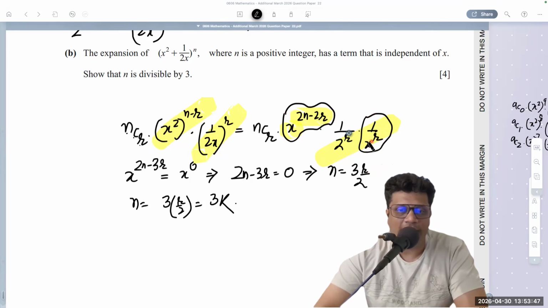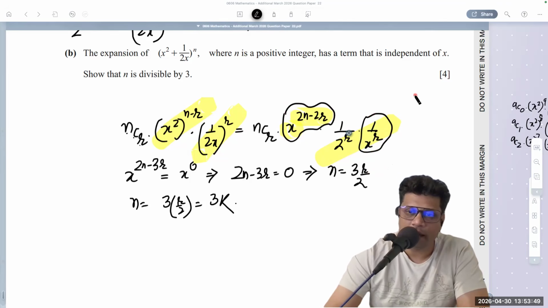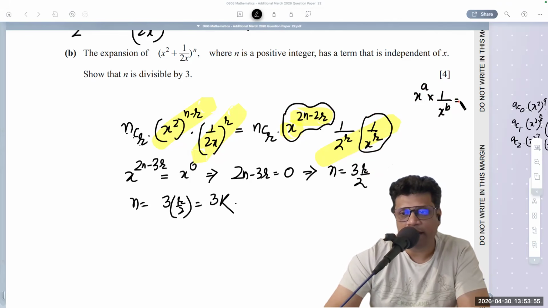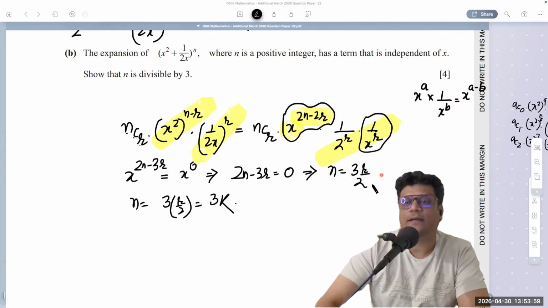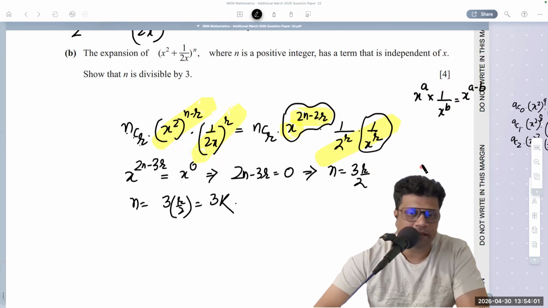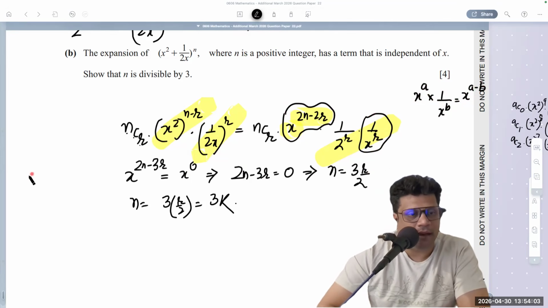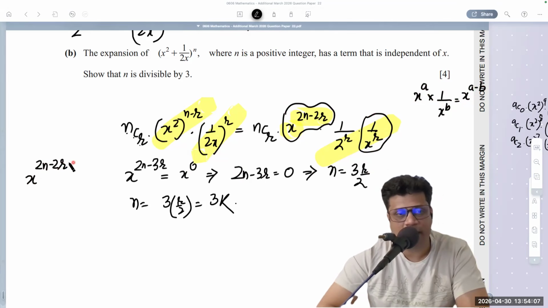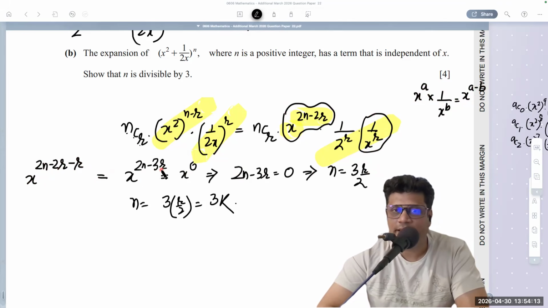I'm going to combine these two. How? Well, I know x to the power of a into 1 by x to the power of b can be written as x to the power of a minus b. So it's going to become x to the power of a, which is 2n minus 2r, minus b. Well, that's x to the power of 2n minus 3r.